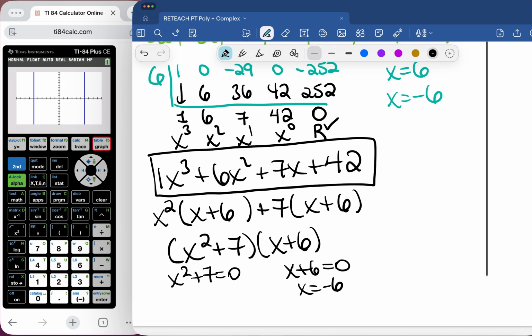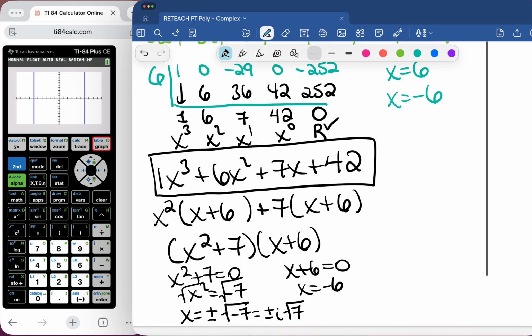So this x squared plus 7, when we subtract the 7, we get a negative. And when we go to square root, remember that when we're solving, we should put our plus minus symbol. Plus or minus the square root of negative 7 is not proper form. And so we would want to bring it out as plus or minus i square root of 7.